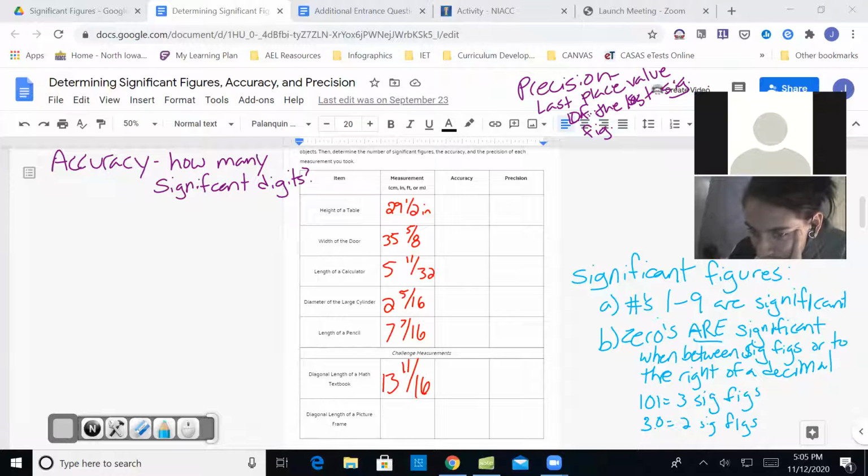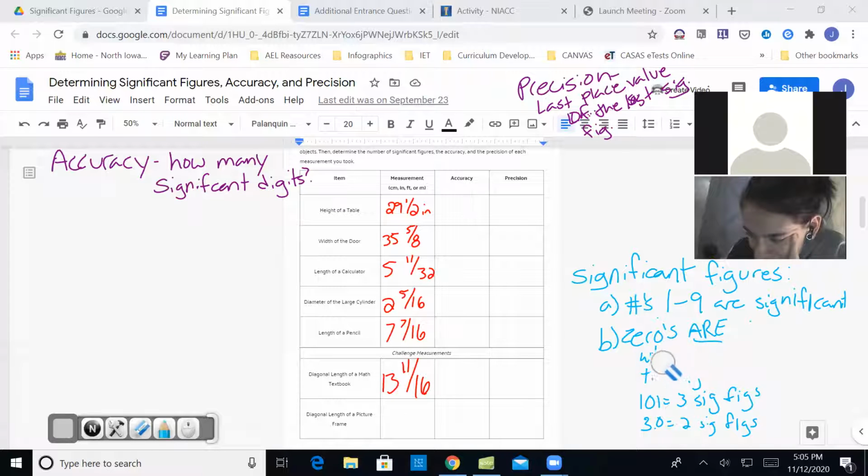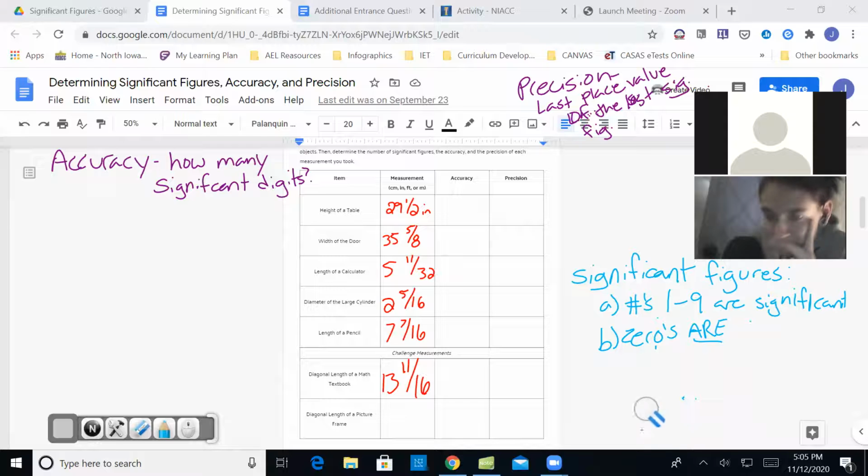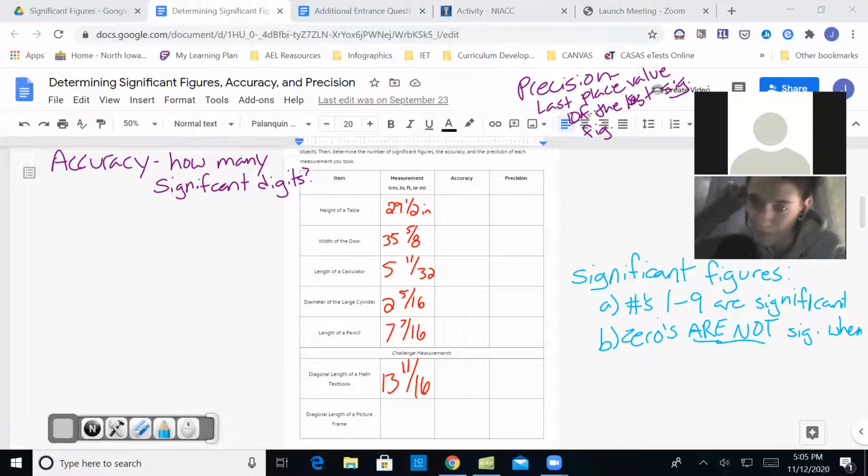So let's talk about when zeros are not significant. We're not going to count zeros when they're at the end of a whole number.